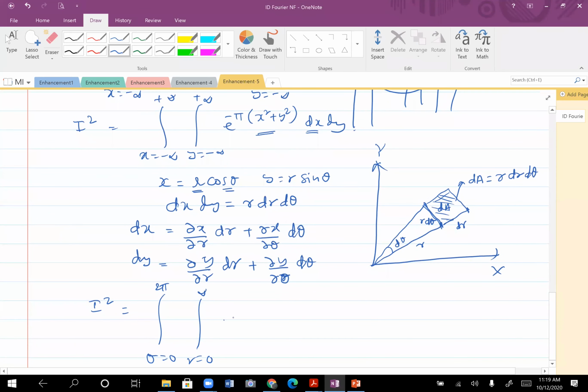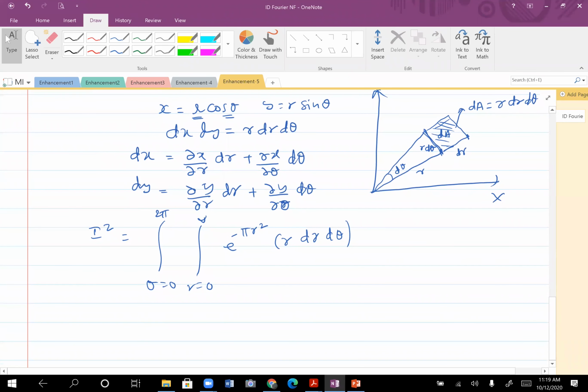And here you have e power minus π times r square, and dr dθ. So dθ you could take out, right? You vary it from 0 to 2π, that would give you 2π. Then what is the integration for just r here?